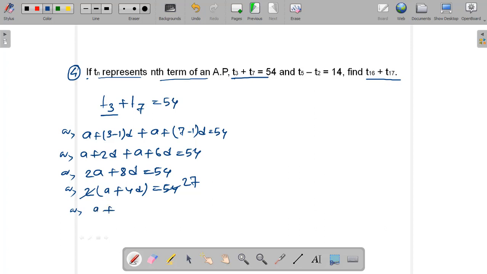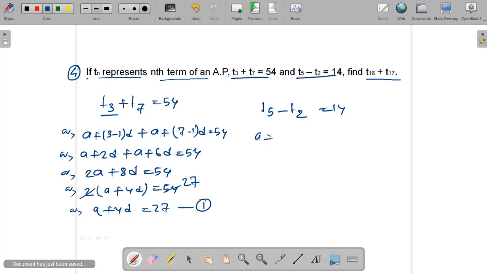So a plus 4d equal to 27. So this is our first equation. Alright. Now we explain our second equation, that is T5 minus T2 equal to 14.